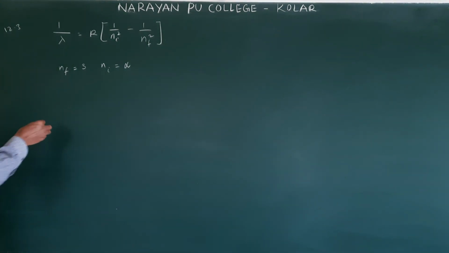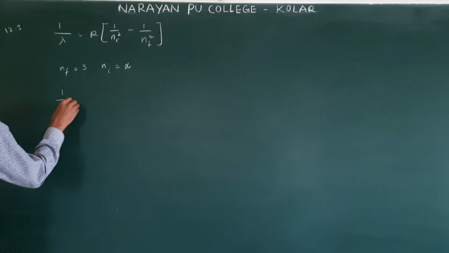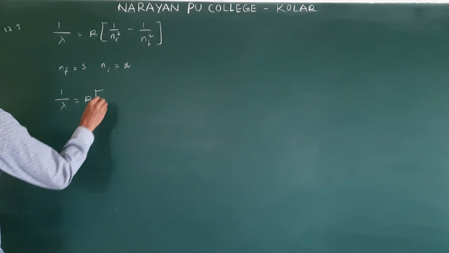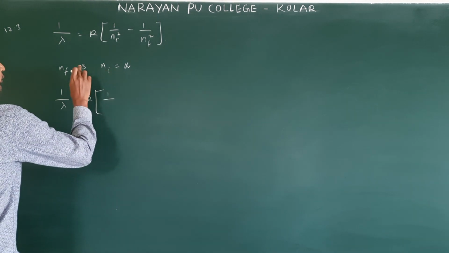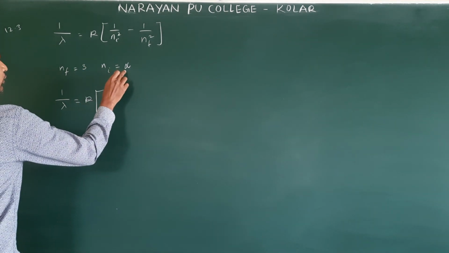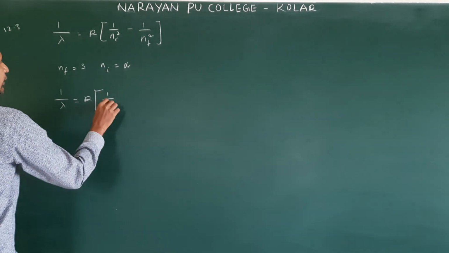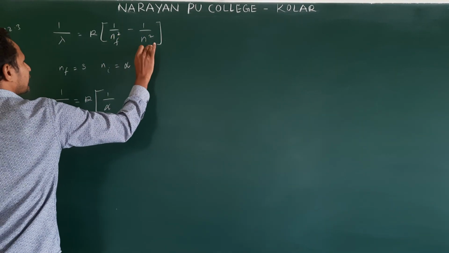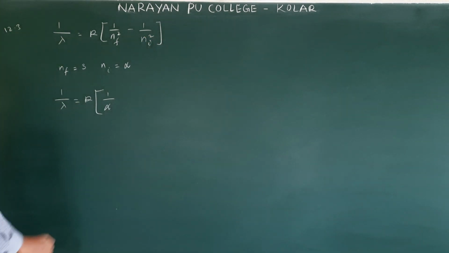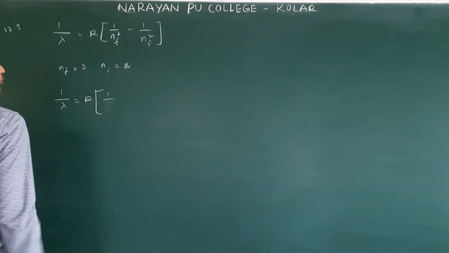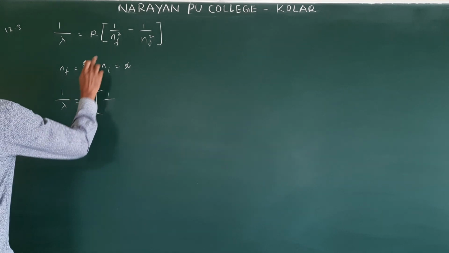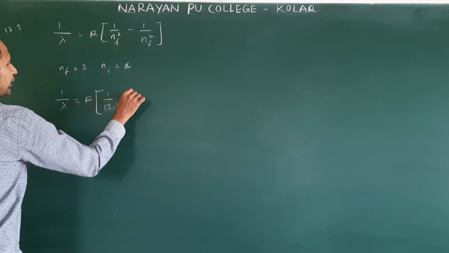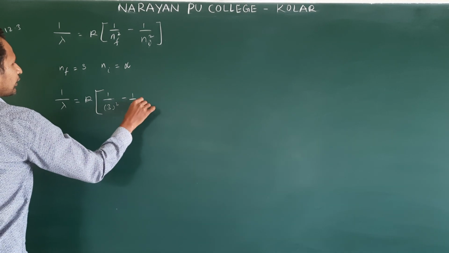Clear? Now follow the substitution. 1 by lambda is equal to R, keep it as it is. Finally we will substitute. Initial is infinity, so this is 1 by n final square minus 1 by n initial square. Final is 3, so 1 by 3 square minus 1 by infinity square.